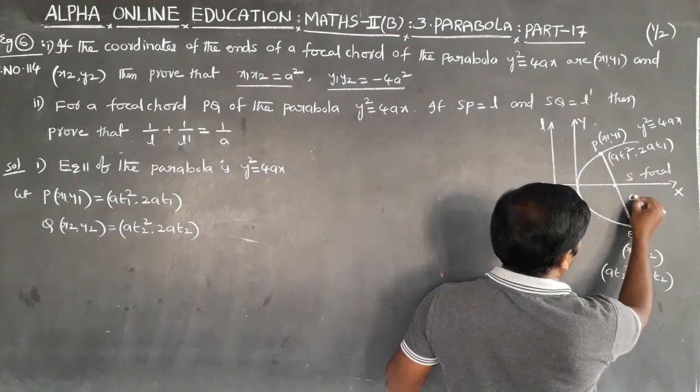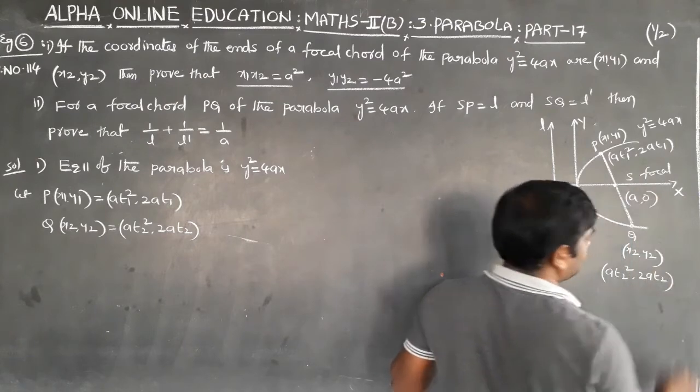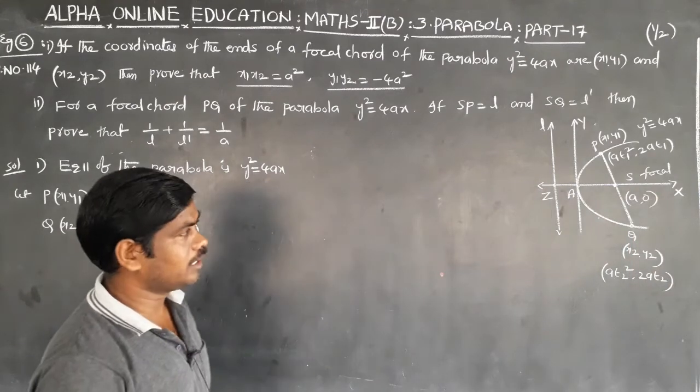Here the focus of the parabola is (a, 0).